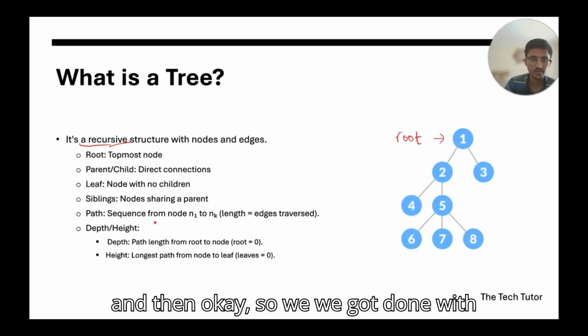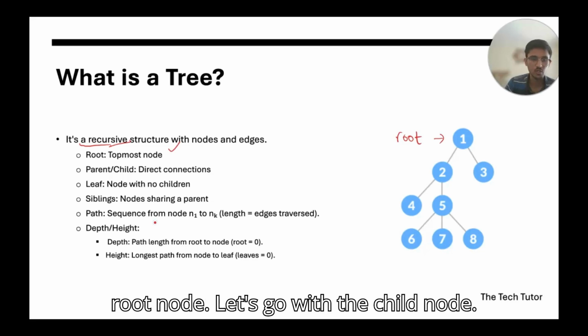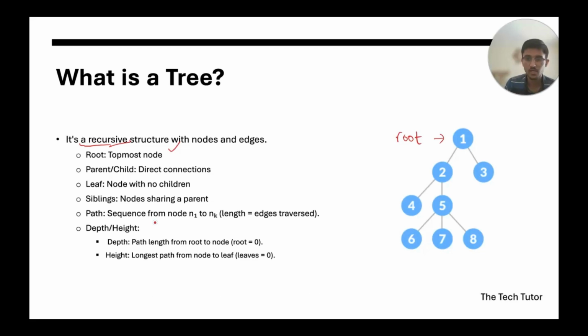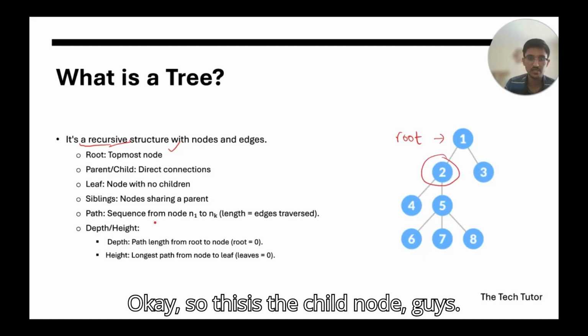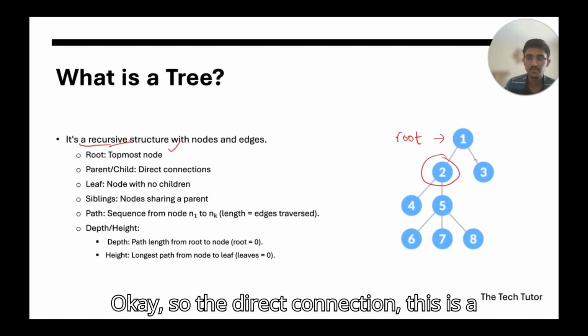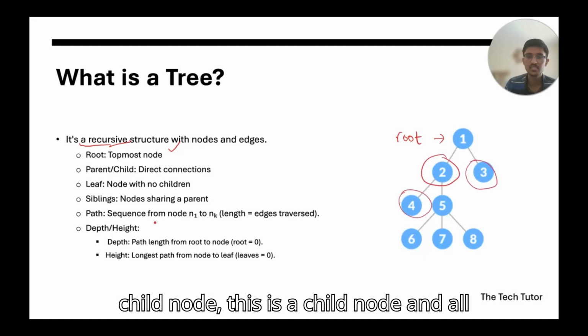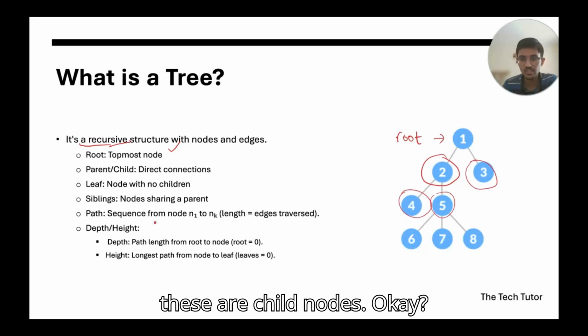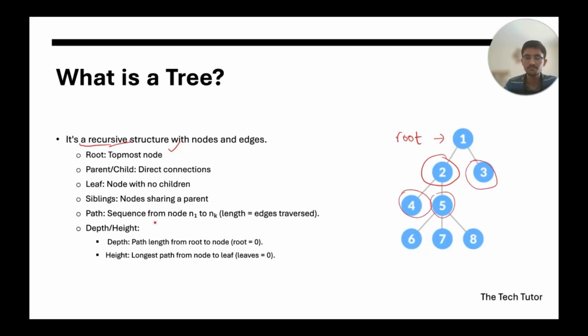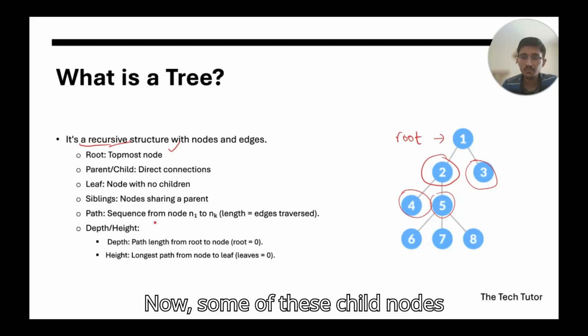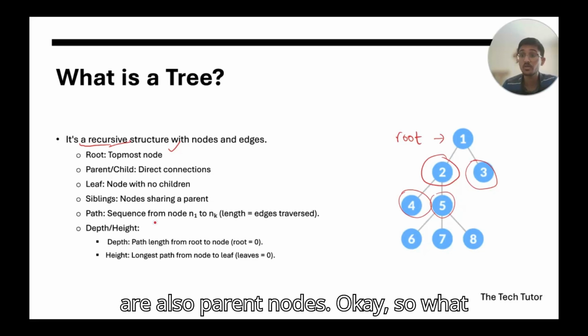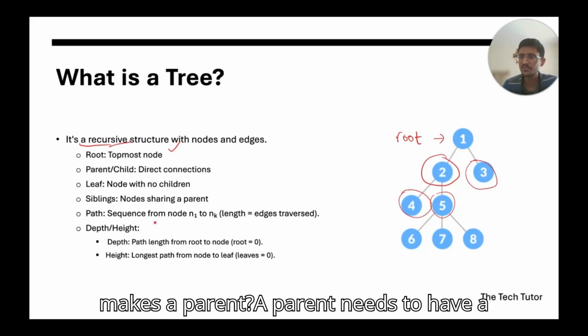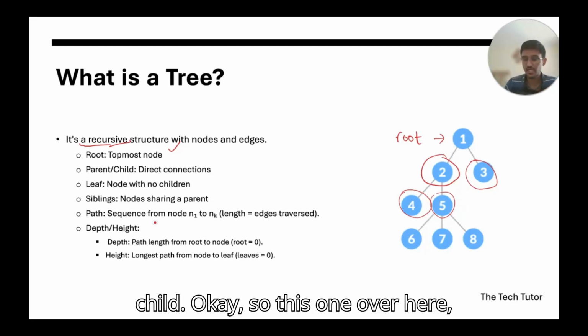Okay, so we got done with the root. Now let's go with the child node. This is a child node, guys. The direct connections, this is a child node, this is a child node, and all these are child nodes. Now some of these child nodes are also parent nodes. What makes a parent? A parent needs to have a child.